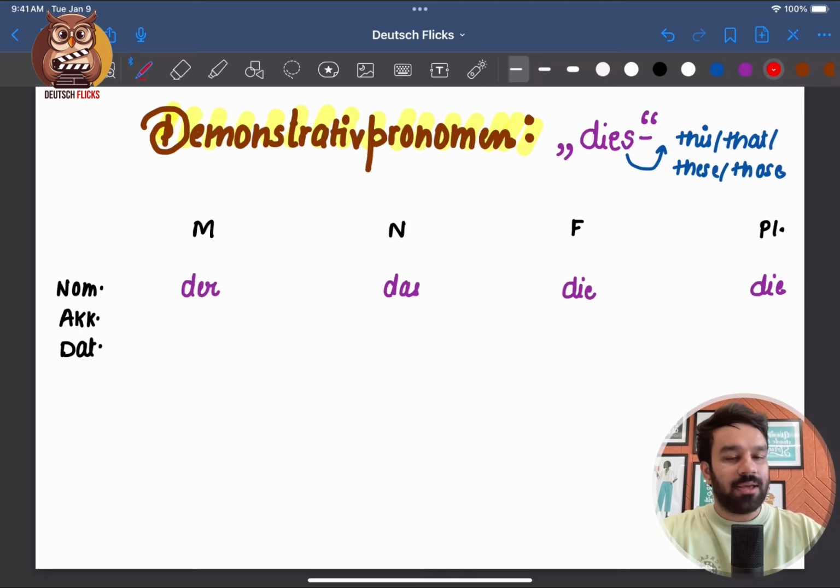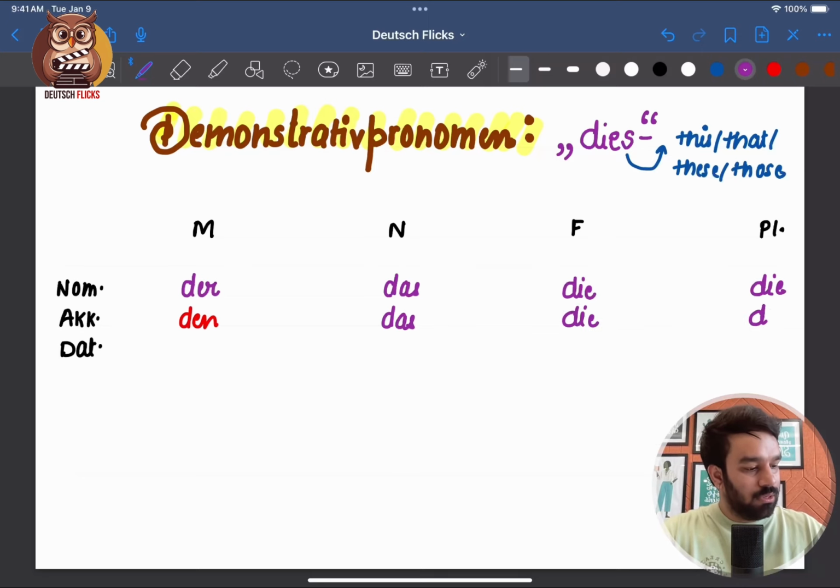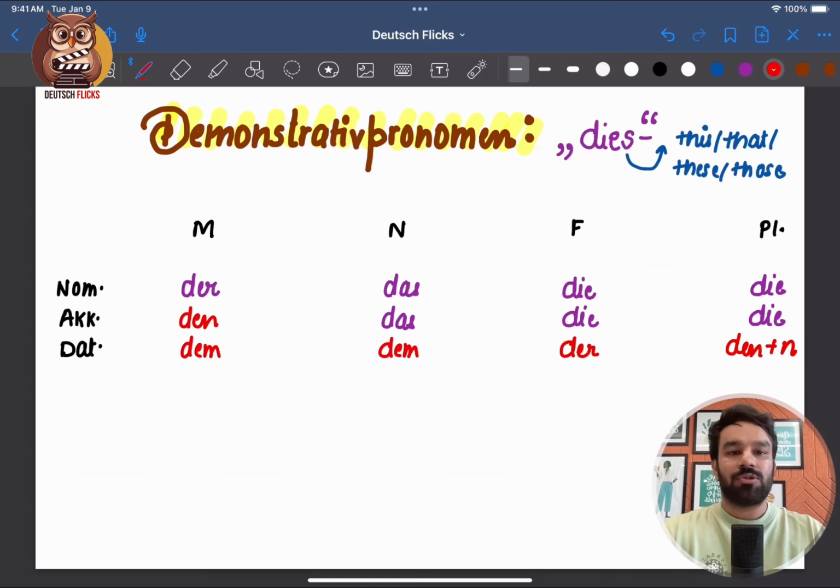In the accusative case, only the masculine changes, der to den, the rest will be the same. And in the dative case, der and das both change to dem. Feminine changes to der, and plural changes to den plus n. This extra n, we attach it to the noun.